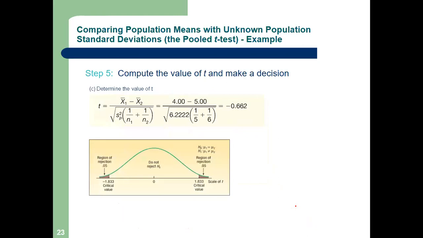Next, T cal, easily you can calculate. You know the formula I have given you: X1 bar minus X2 bar divided by the square root of Sp square into 1 by N1 plus 1 by N2. Put in all the values. We know X1 bar, we know X2 bar, we calculated Sp square just now, which is 6.222. N1 is 5, the sample 1 size, and the sample 2 size.